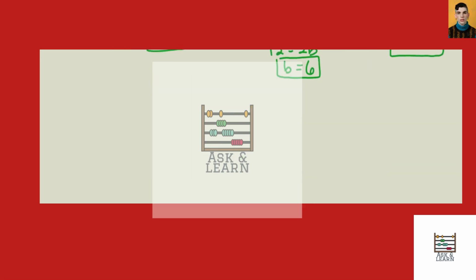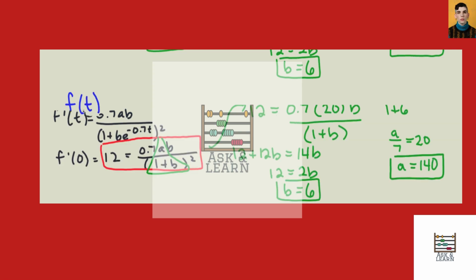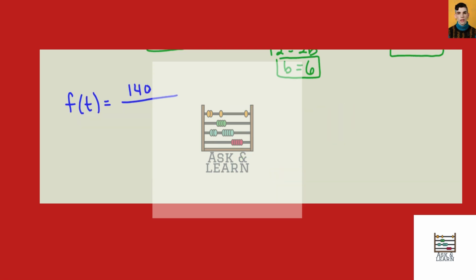Now if we substitute those numbers into the model, we have the population is 140 over 1 plus 6 times e to the negative 0.7 t. Now the final question is what happens in the long run, meaning what happens as t goes toward infinity. So let's take the limit and find out.